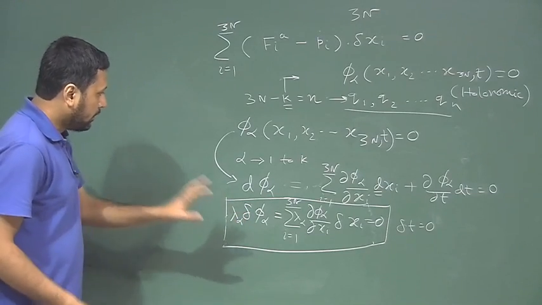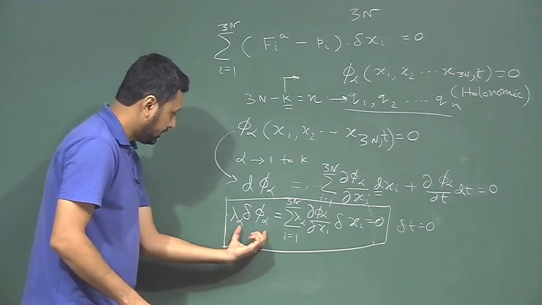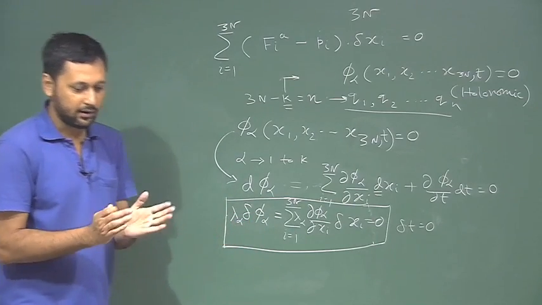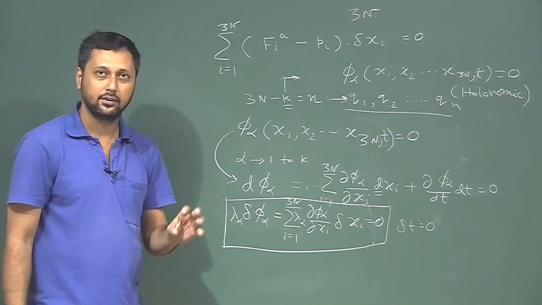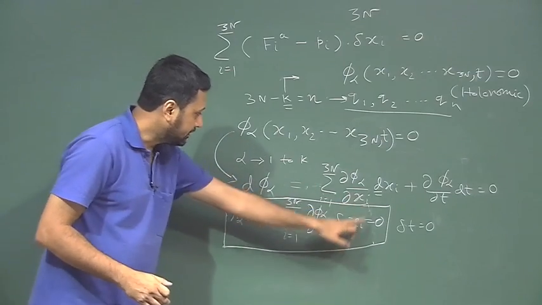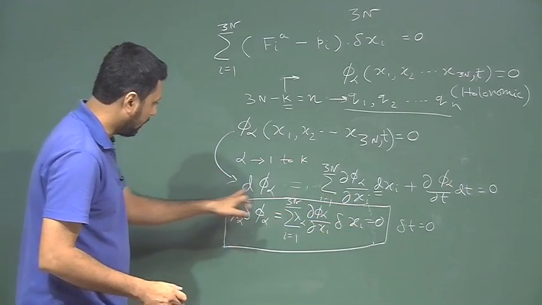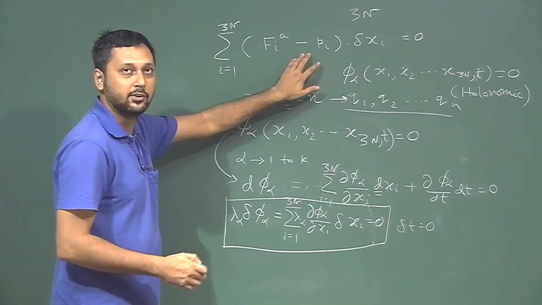Because this is a null quantity, as in the total value of this quantity is 0, we can always go back and add all the equations in this form into D'Alembert's principle.